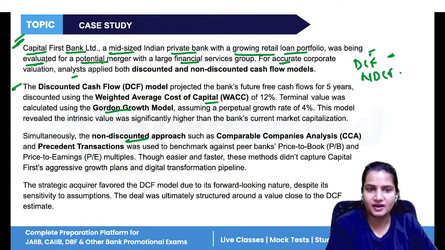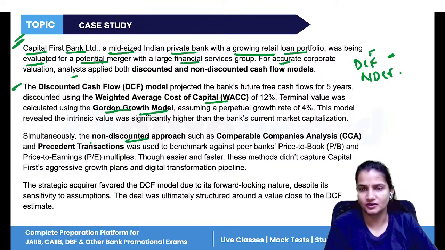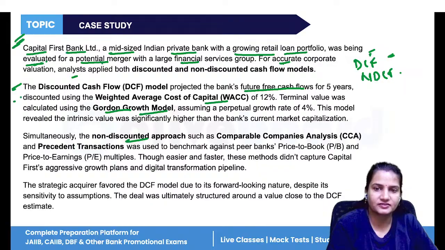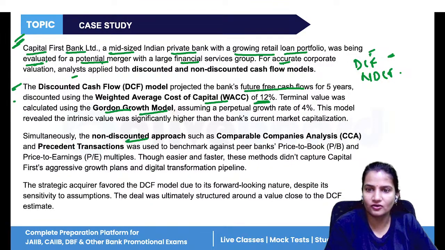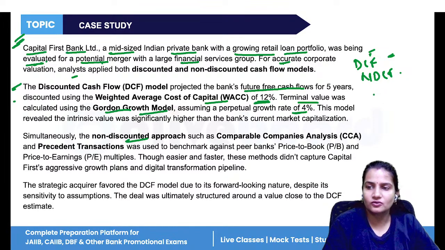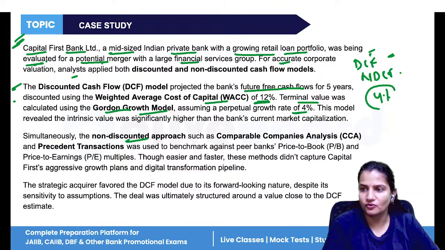First is WACC and the Gordon growth model. The bank has used future free cash flows for 5 years using discounting, and the required rate of return, WACC, is given as 12%. For the terminal value using the Gordon model, the growth rate is given as 4%, meaning this company will grow at a rate of 4% every year.